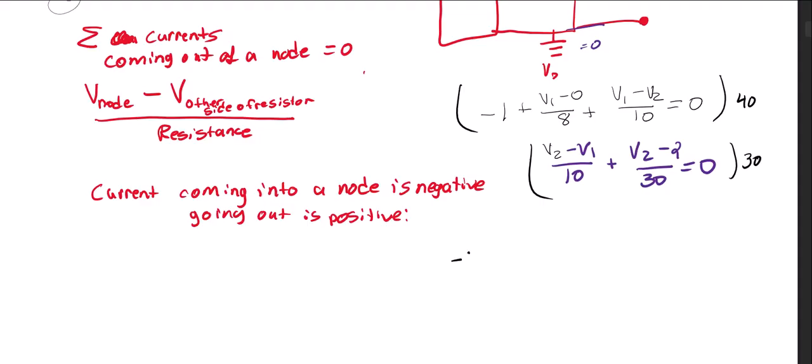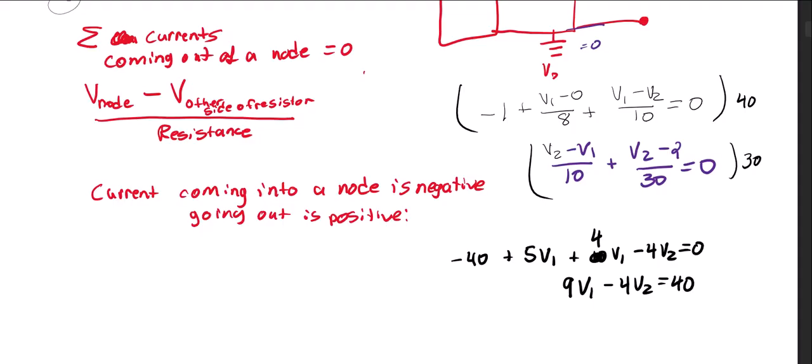So that gets me minus 40 plus 5V1 plus 10V1, plus 4V1 minus 4V2 equals 0. That's my top equation. So 5V1 plus 4V1 is 9V1 minus 4V2 equals 40.